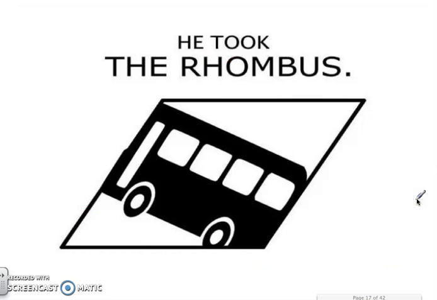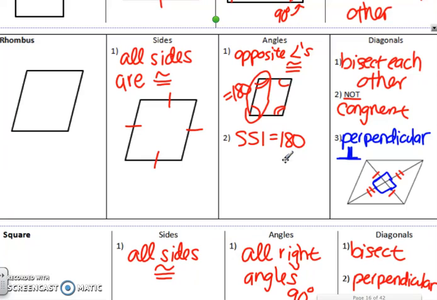So let me go back to our notes and make some marks. So what that means is that this diagonal is going to make this angle congruent to this angle, okay? Same thing, this diagonal is going to cut this angle and that angle in half, okay? So that's what it means that the diagonals are going to bisect the angles.